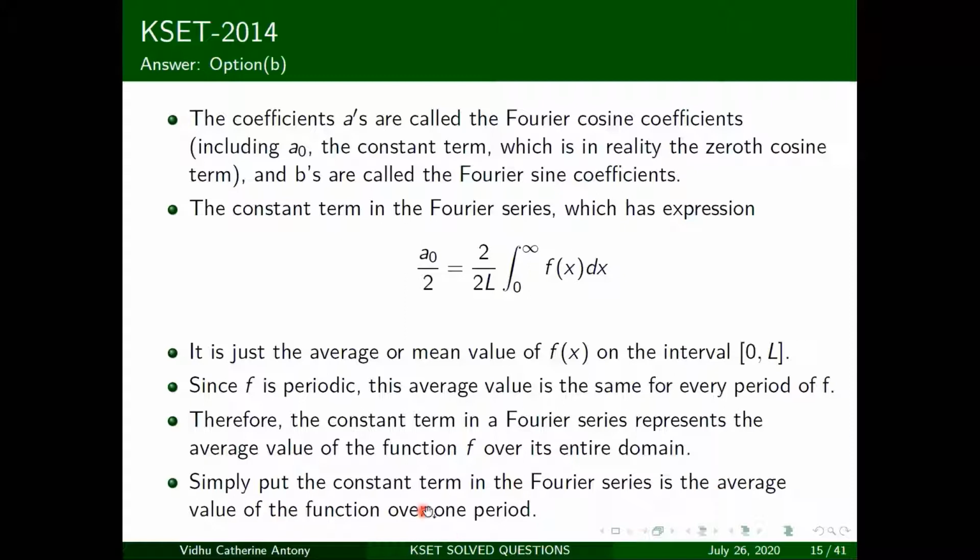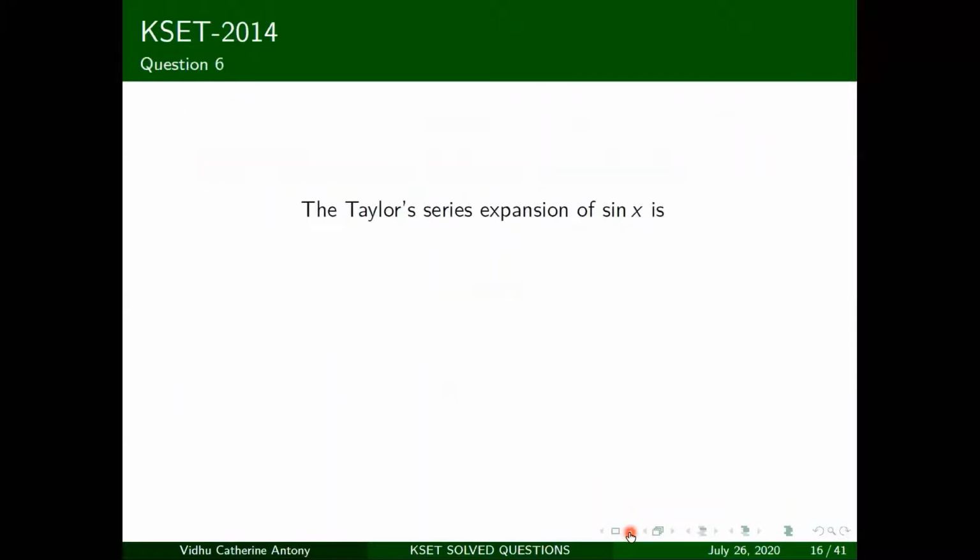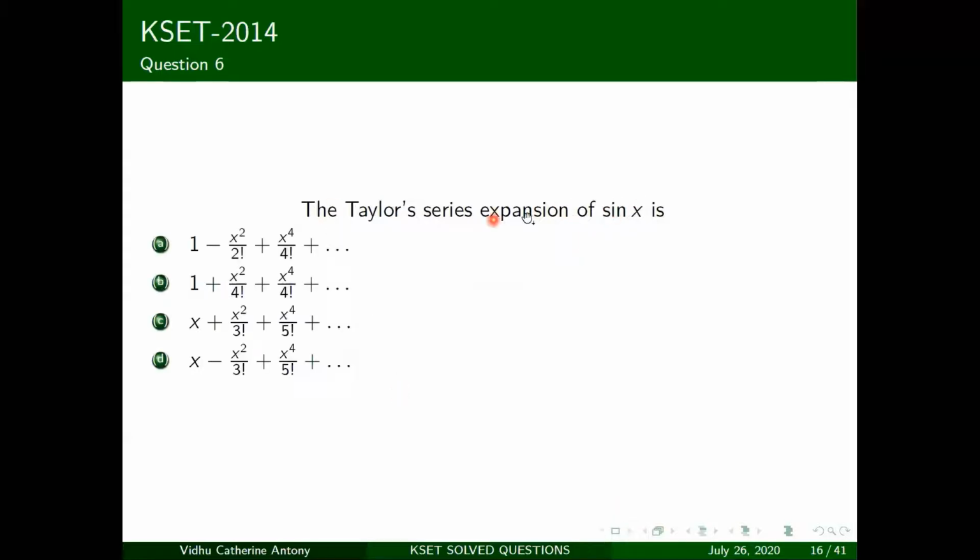So it's the average value of the function over one period of time. Okay. So now let me do the Taylor series expansion, which is quite simple, of sin x. So all these options that they've given is wrong. Okay, you might have memorized these Taylor series expansions or the Maclaurin series. Okay, what is the Maclaurin series?